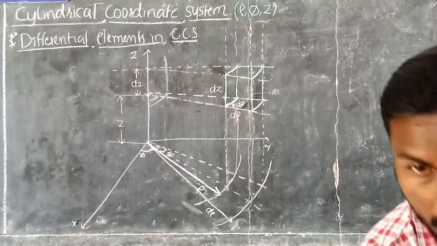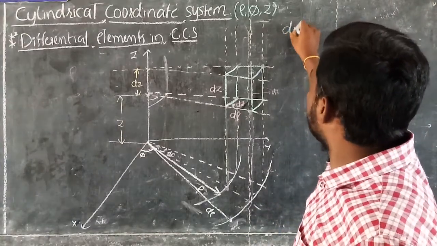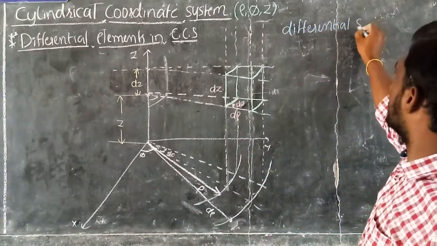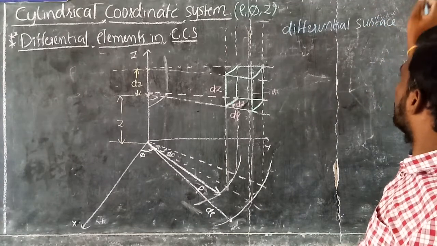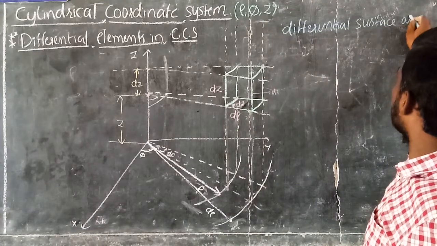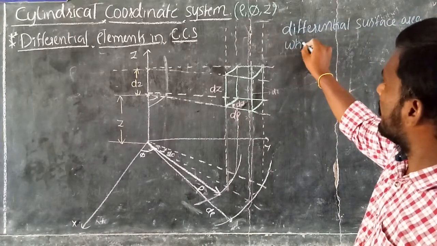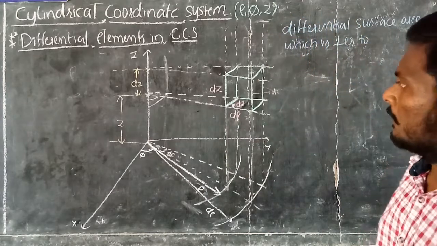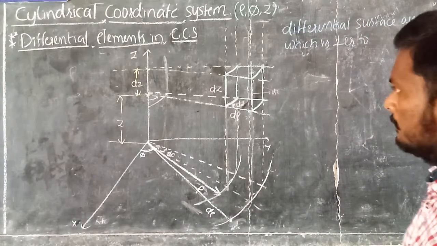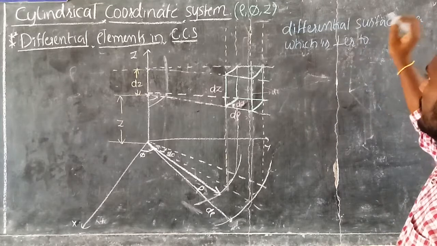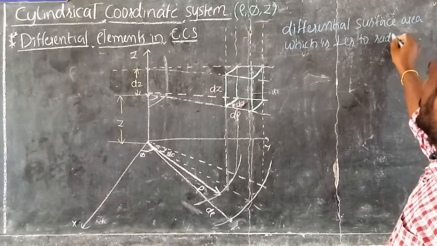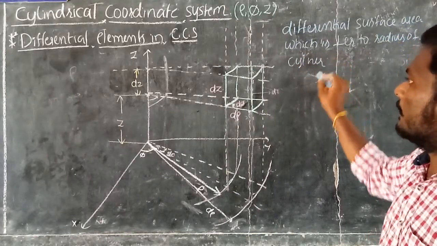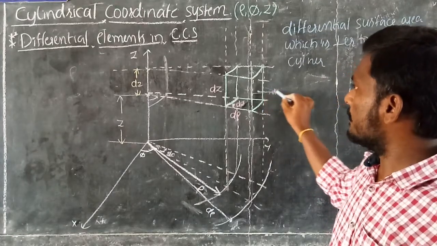The first is the differential surface area which is perpendicular to the radius of the cylinder. See, this is the radius of the cylinder.